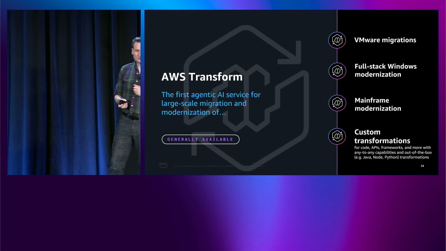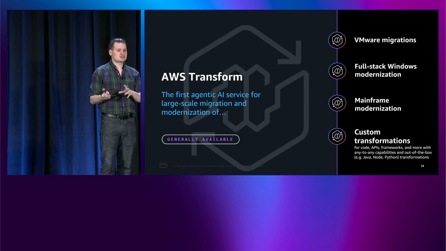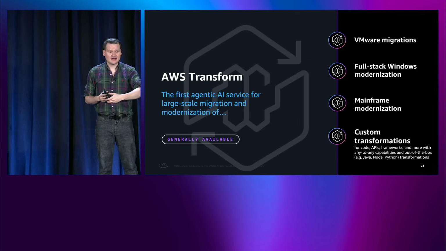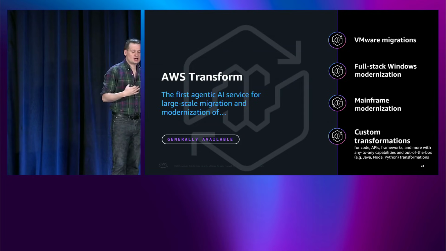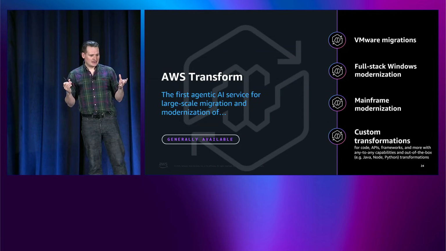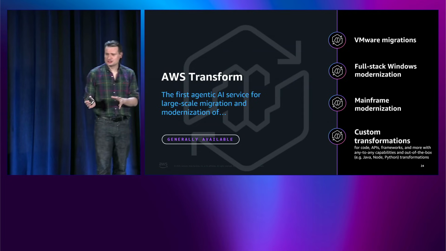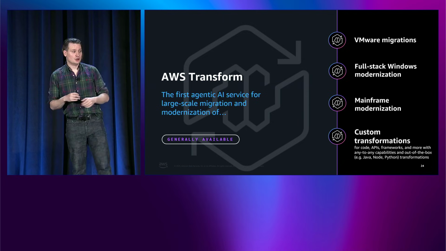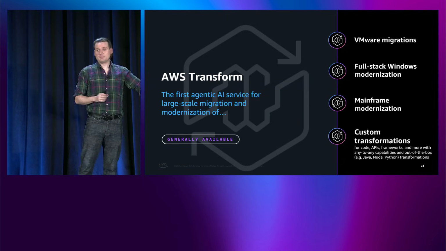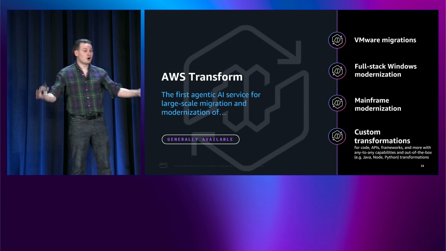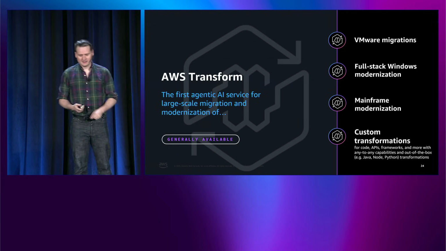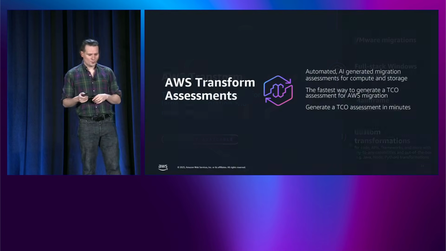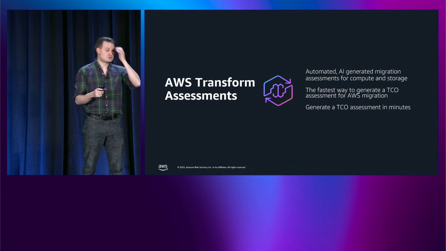So the ability to do almost arbitrary transformations, things like programming language upgrades and framework upgrades, using custom transformations in AWS Transform. So I would highly encourage you to check out all of these suite of capabilities that really help you both with the migration side of things, but then also once you're on AWS to then modernize your environment. But where I'm going to focus is really on the migration side, starting with AWS Transform assessments.